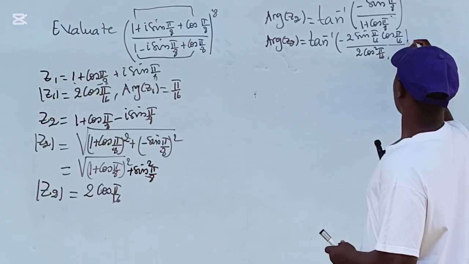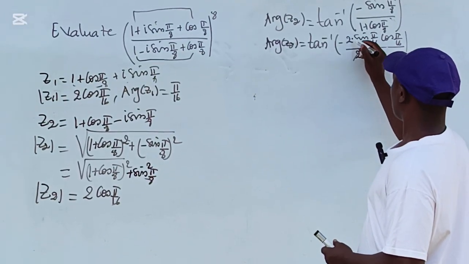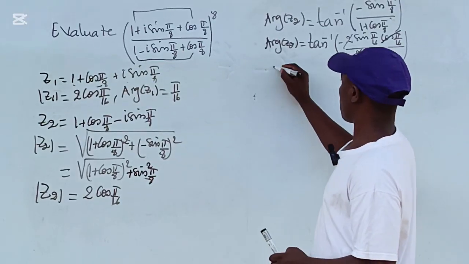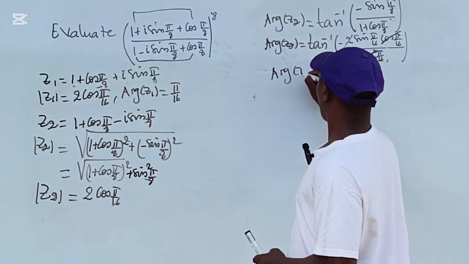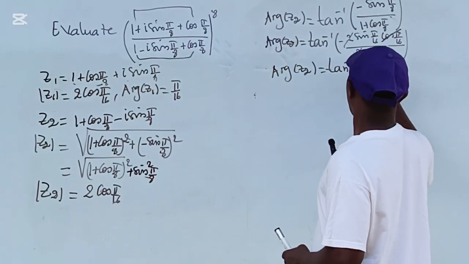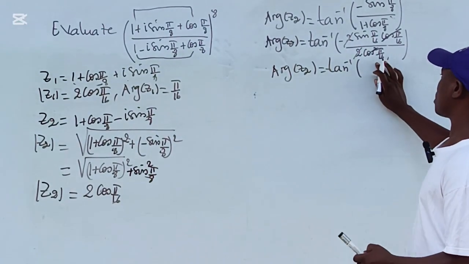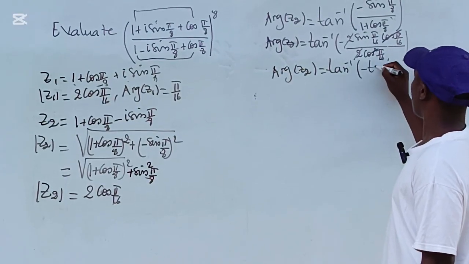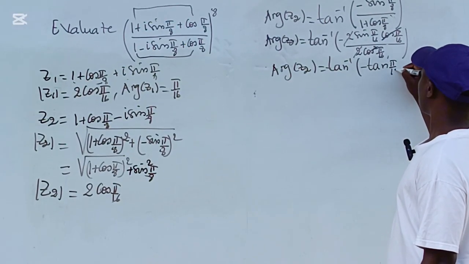Okay, now we need to simplify this and this. This is square, and this stuff to stay with the argument of z2, which is an inverse of sine over cosine, that is tan, this is minus tan of pi by 16.